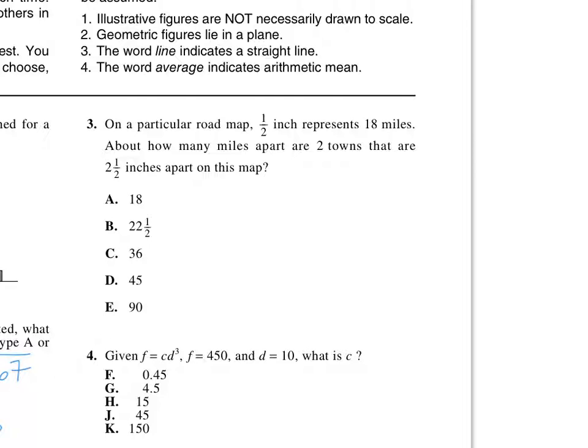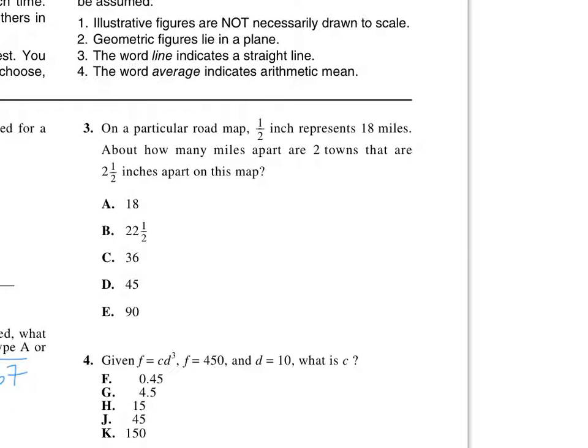Question 3. On a particular road map, 1/2 inch represents 18 miles. About how many miles apart are 2 towns that are 2.5 inches apart on this map? So I would do a proportion. So 1/2 inch, I'm going to kind of change this to decimals. 0.5 inch is 18 miles.